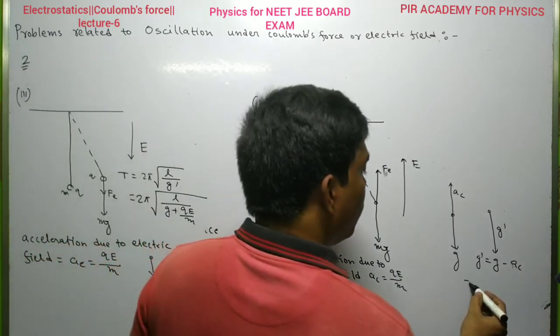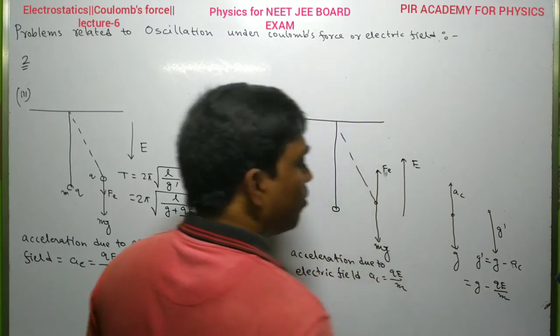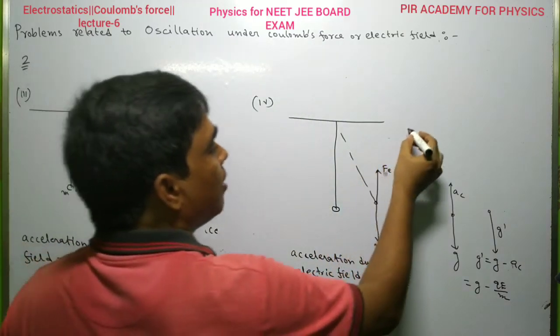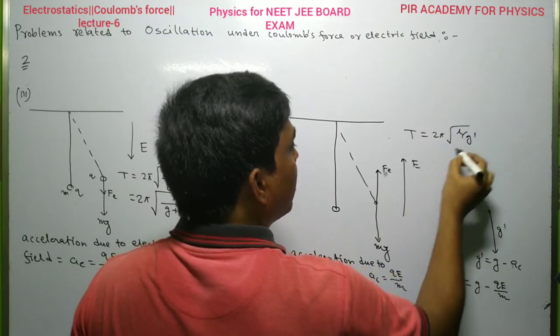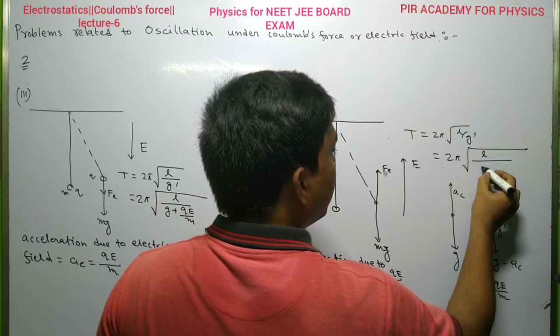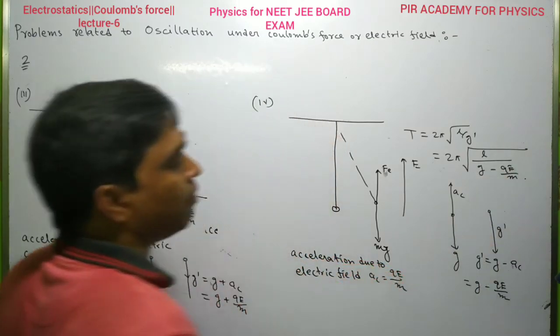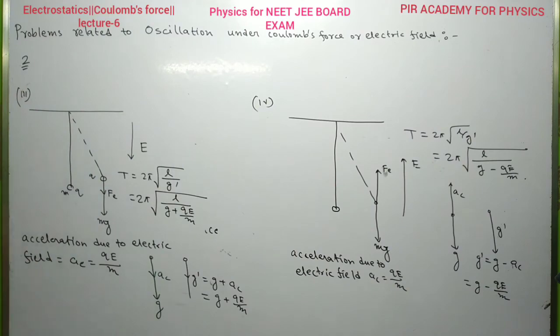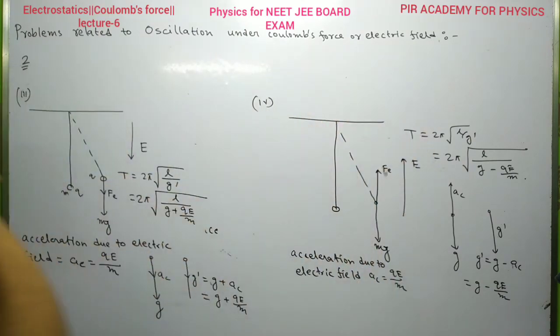So g dash will be g minus qE by m. So T will be 2 pi root over L by g dash, that is 2 pi root over L divided by g minus qE by m. This is the time period if I apply the electric field along this direction.